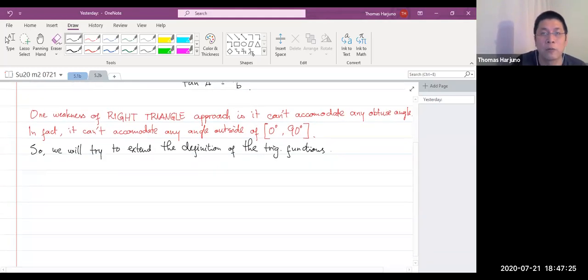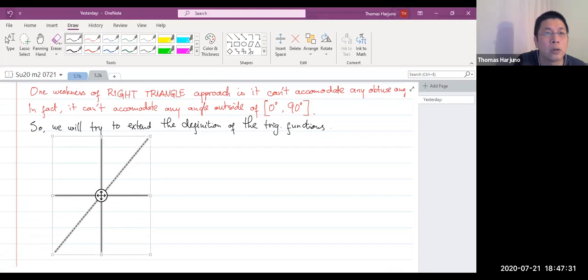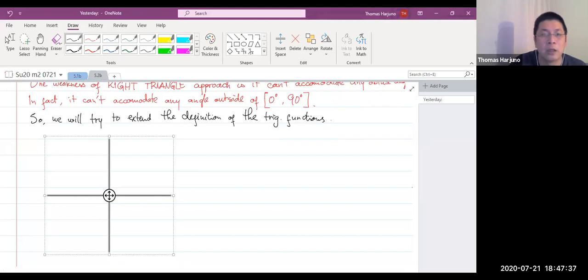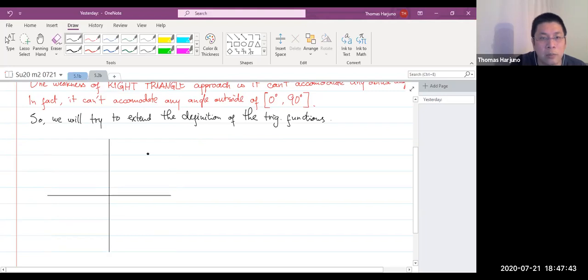We will start from the rectangular coordinate system. And let P be a point on that rectangular coordinate system. Let's say this is point P, x, comma, y.